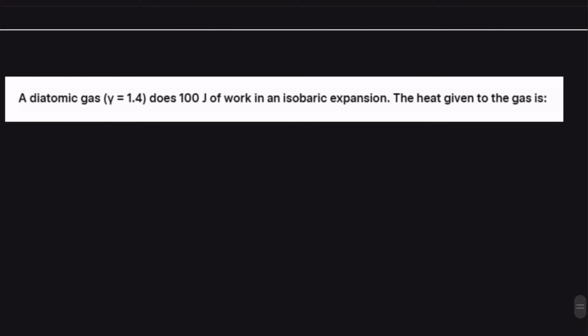It states that a diatomic gas does 100 joule of work in isobaric expansion. The heat given to the gas is.